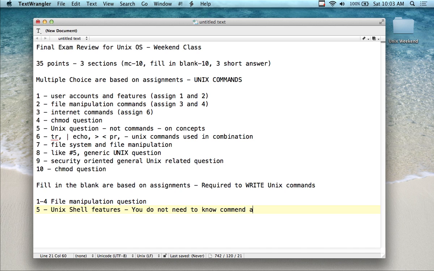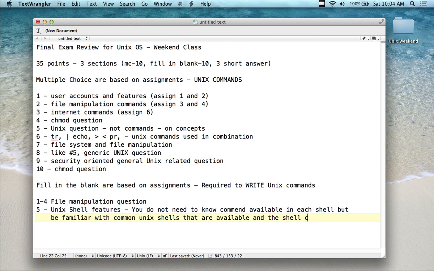Commands available in each shell, but be familiar with common Unix shells that are available and the shell concept.